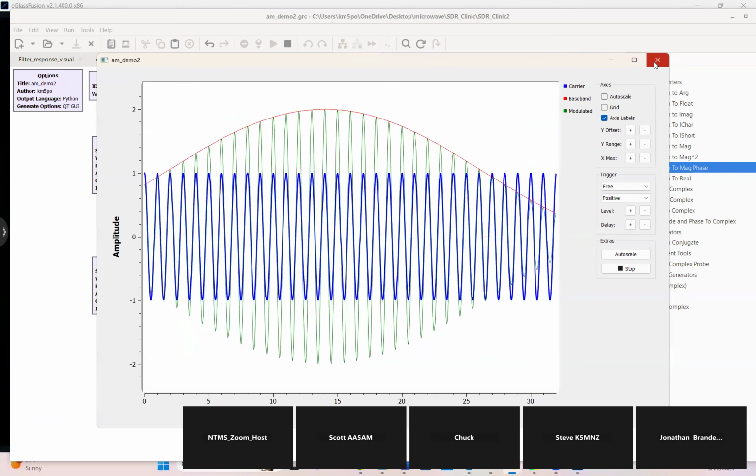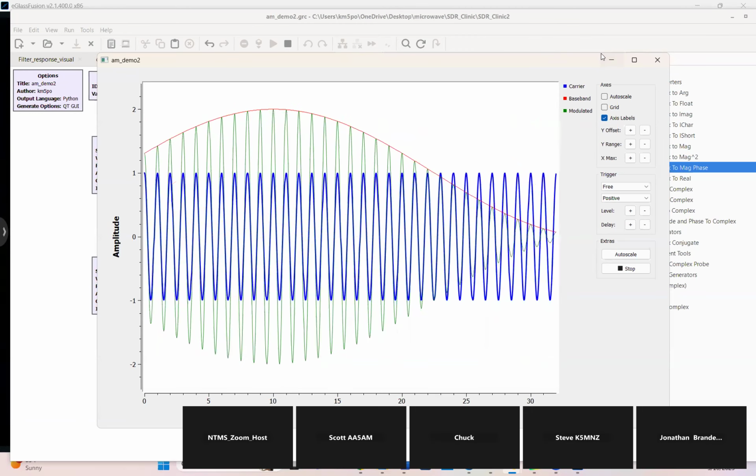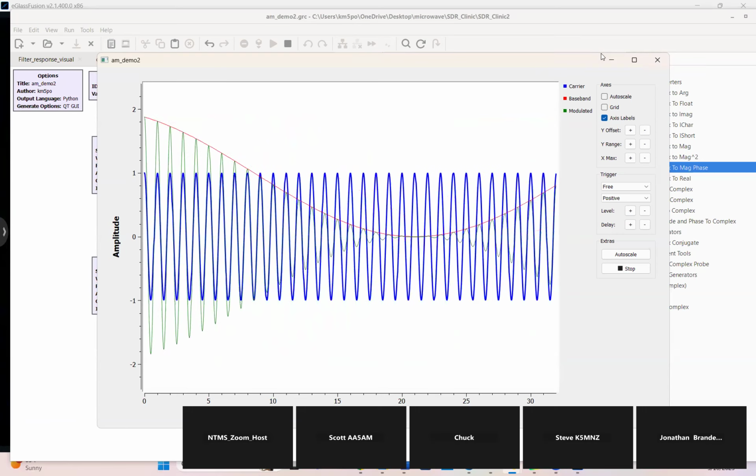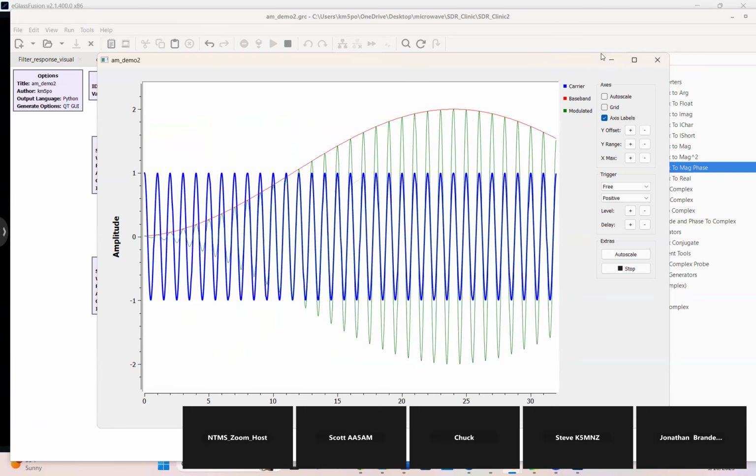Out far enough, we'd find and be able to confirm that the red baseband signal is modulating on 50 milliseconds, which is our 20 hertz signal.